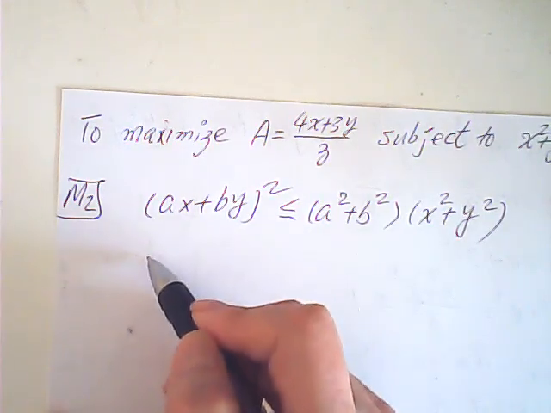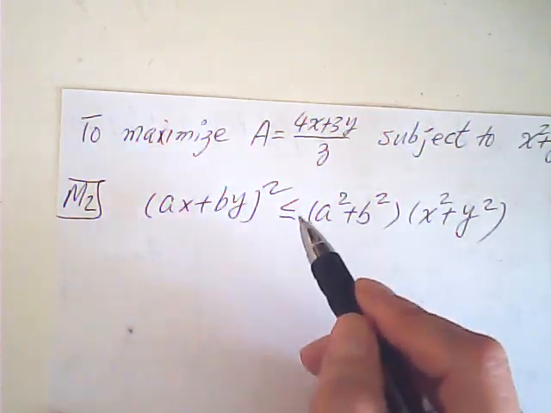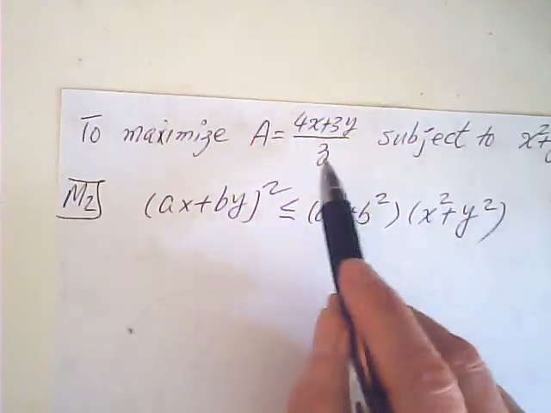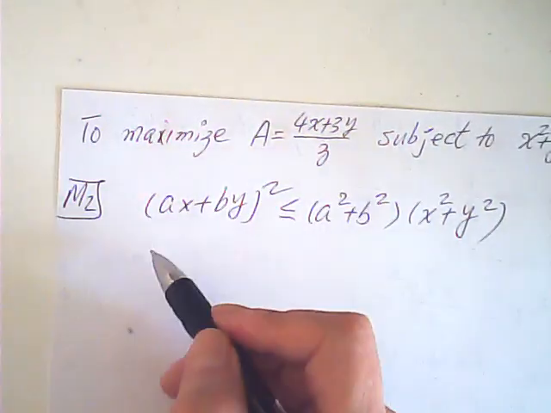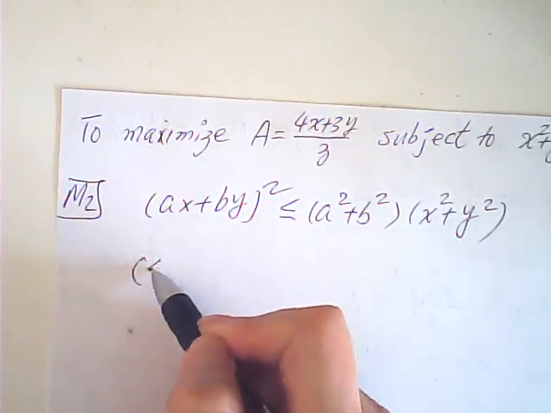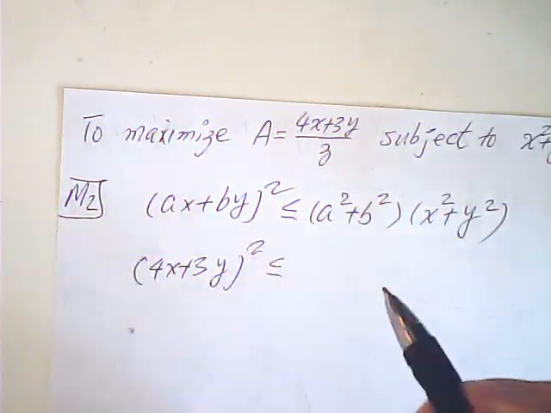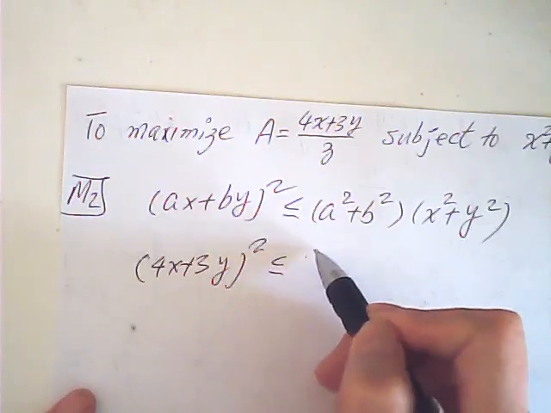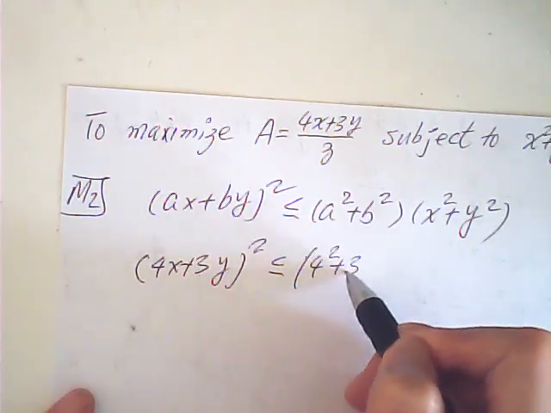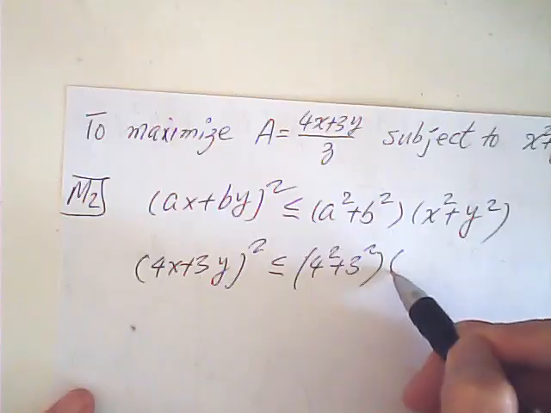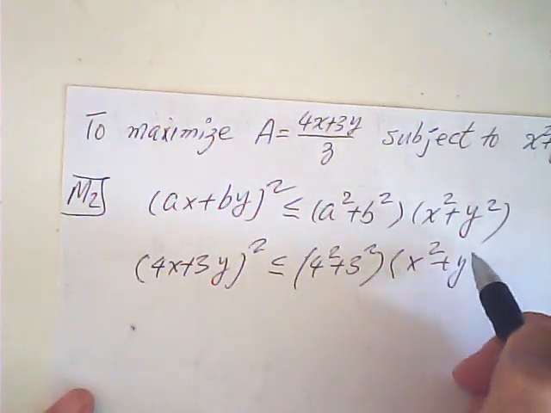Now then, our function (4x plus 3y) squared is less than or equal to (4 squared plus 3 squared) times (x squared plus y squared).